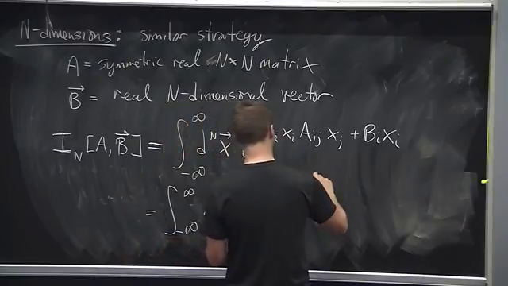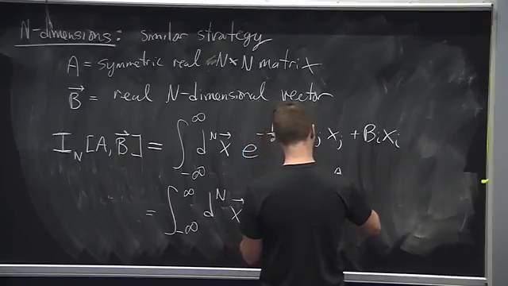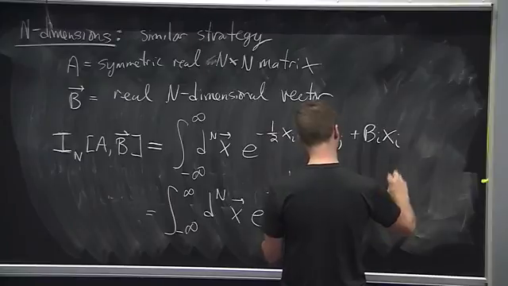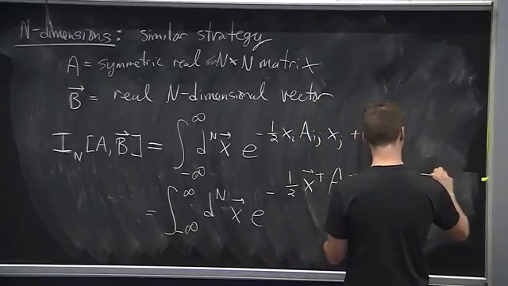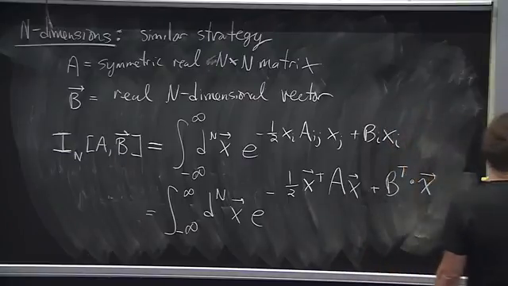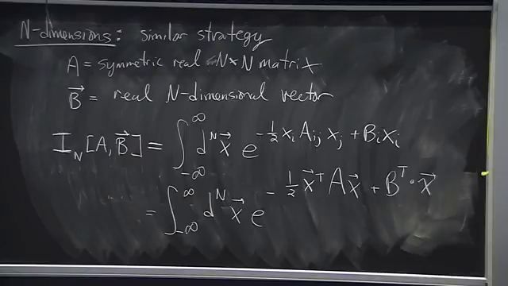So that x has to be transposed, big T, and this transpose vector B has a dot product with a vector x.